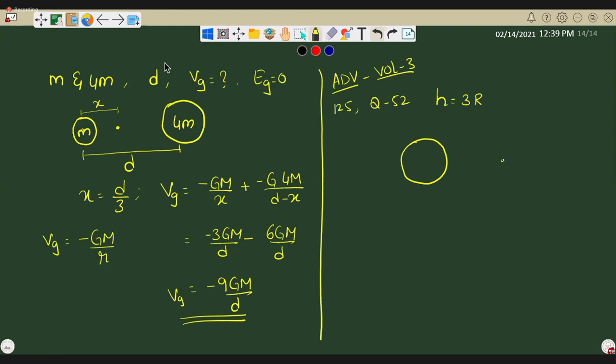So this particle is somewhere here, at a height equal to 3 times the radius of Earth. So this is R. From here it is at 3R, so the total distance is 4R. Potential on the surface you already know. Potential at a distance of this you already know. Do it. 3 by 4 G capital M small m by R, which is 3 by 4 mgR.